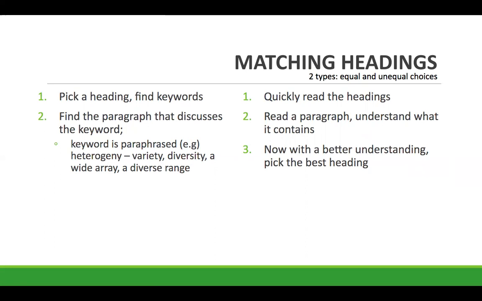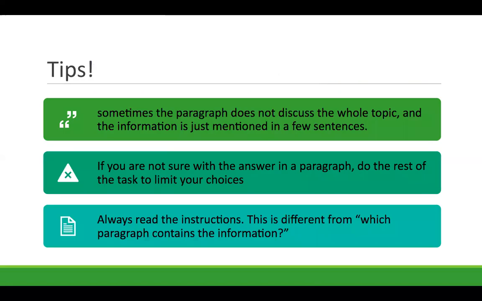And then for those with unequal choices, quickly read the headings, read the paragraph, understand what it contains. Now, with a better understanding, pick the best heading. Tips: sometimes the paragraph does not discuss the whole topic and the information is just mentioned in a few sentences. And if you're not sure of the answer in a paragraph, do the rest of the task to limit your choices.